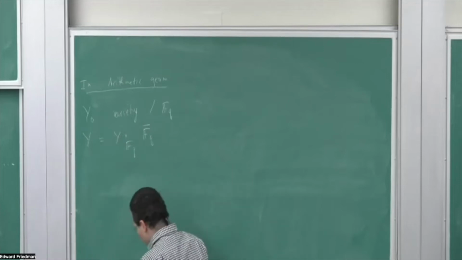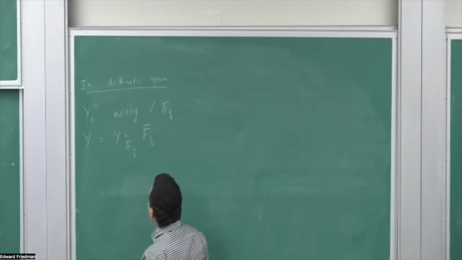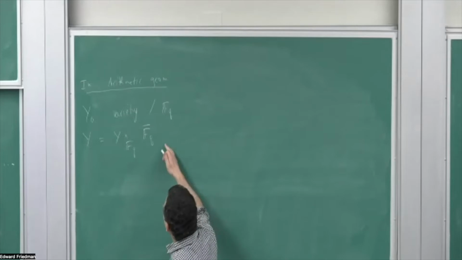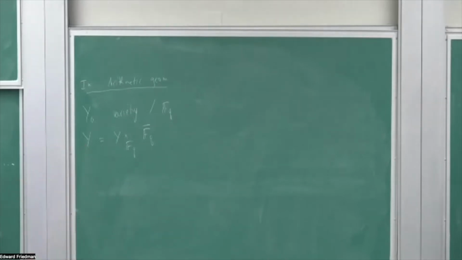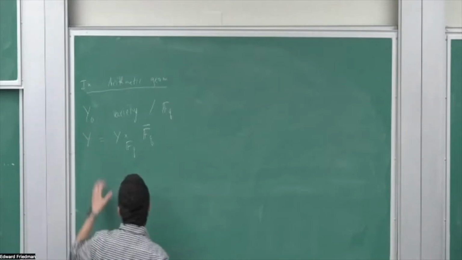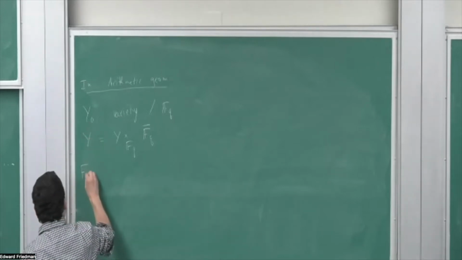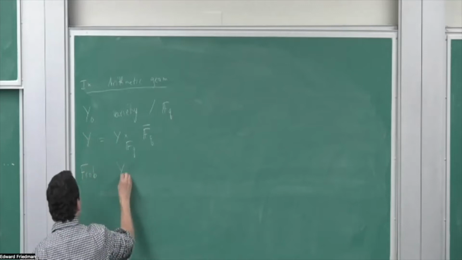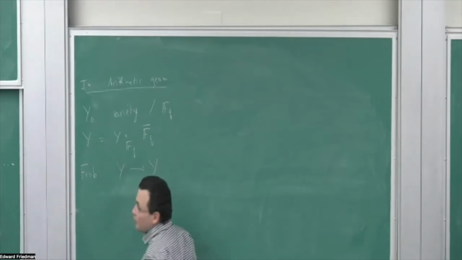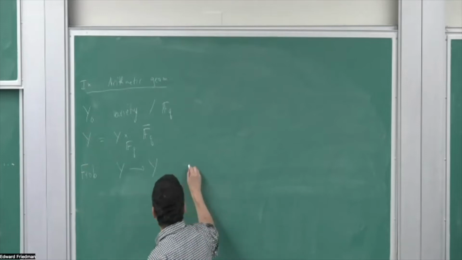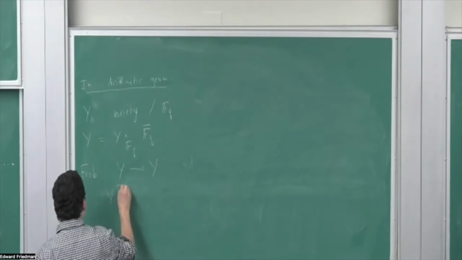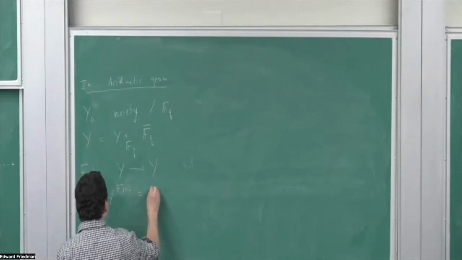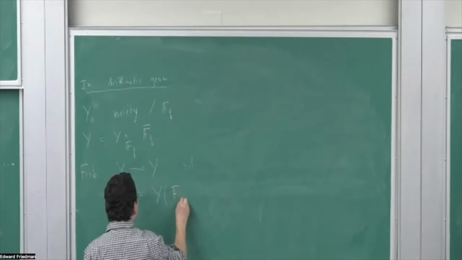There's a standard idea in this business: to relate Y, an object which you can study using more topological methods, to Y0. There's a Frobenius, a certain endomorphism of Y, such that the fixed points are exactly the F_q points.